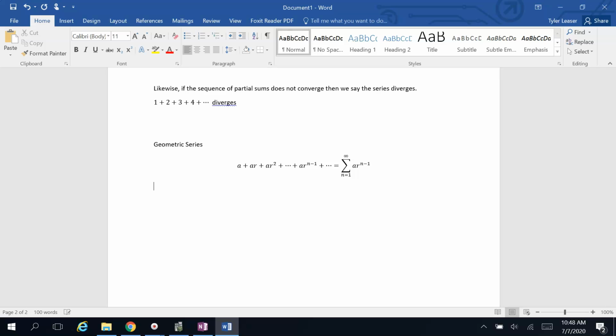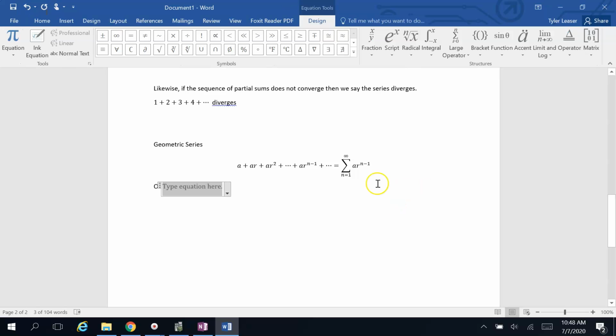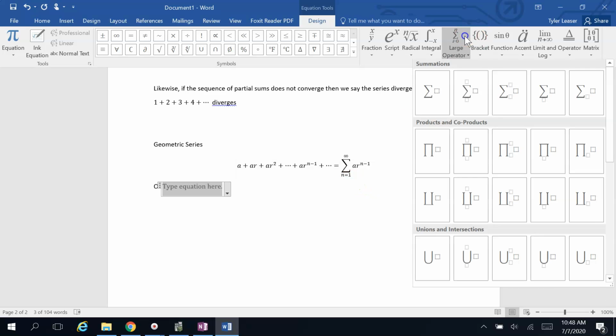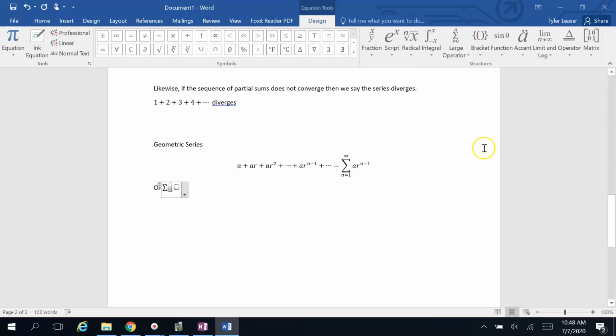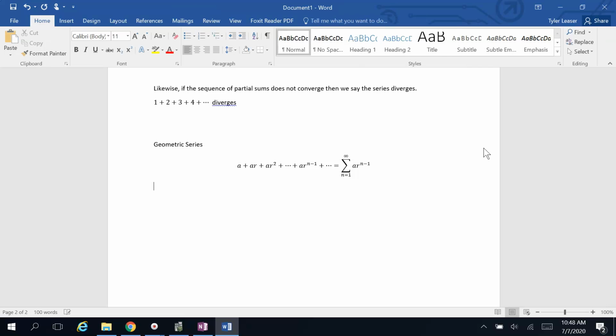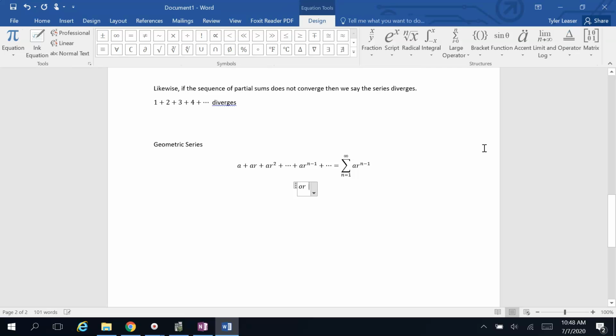I do want to point out that they're not always written like this. Sometimes the index will shift. So sometimes we'll write it as the infinite series where n starts at 0 and goes to infinity, and then it would just be ar to the n.